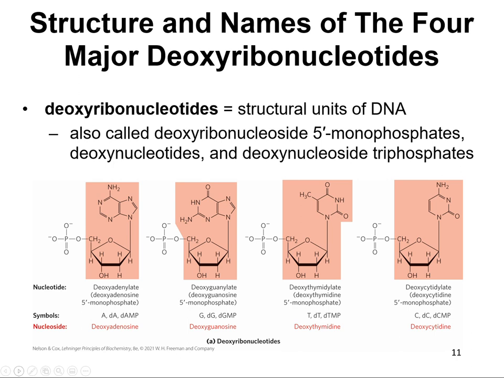Deoxyribonucleotides, these are the structural units of DNA. There's lots of different terms that you can use, so I want you to be familiar with them all. It's kind of like learning the English language or any language where you have synonyms for things. This slide is going to be really helpful for recognizing the structure and getting to know the terminology for all of the deoxyribonucleotides.